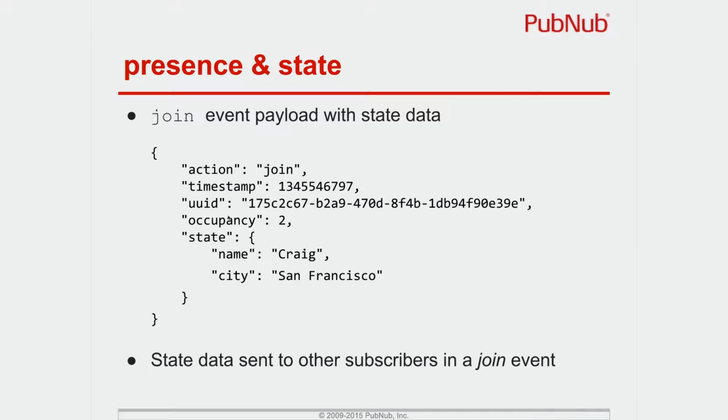If you've joined a channel and sent state, then you close your app and you go back in, you send the same state values. Again, the second join will not have the state information. The workaround is don't count on having state data in your join events. Instead, when you get a join event, use the UUID and ask the server for the state.